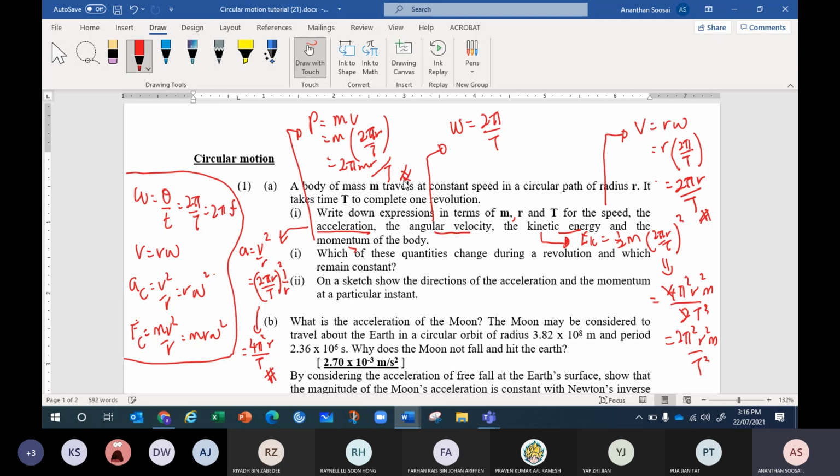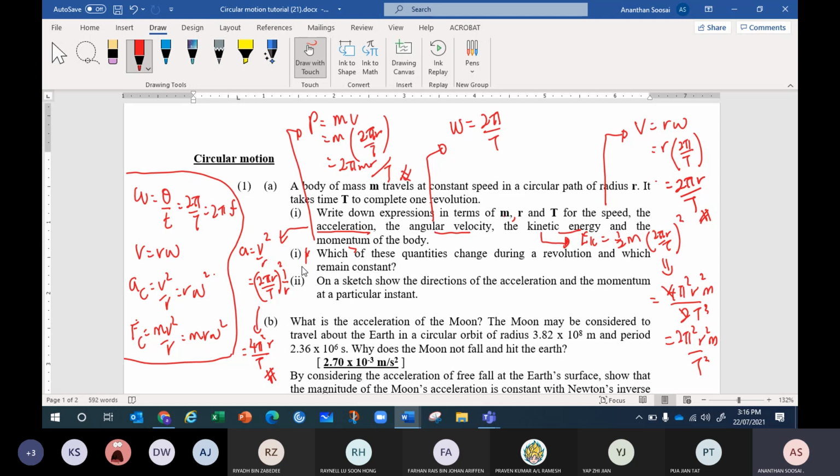Momentum. Okay, so this is all in terms of m, r, and t for these listed quantities: acceleration, angular velocity, kinetic energy, momentum, and speed. Okay, now go to the next one.